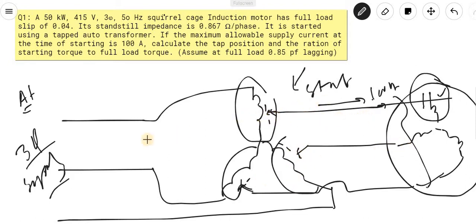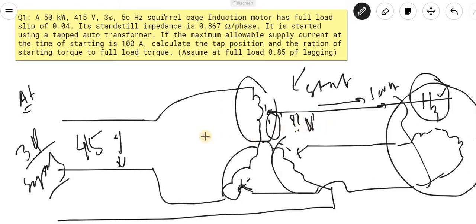Suppose here 415 volt is on this side, and at starting we don't know how much voltage. Suppose some voltage is there, V dash.